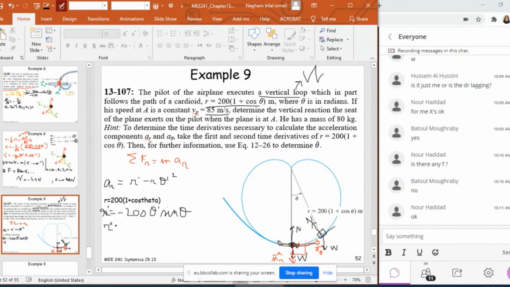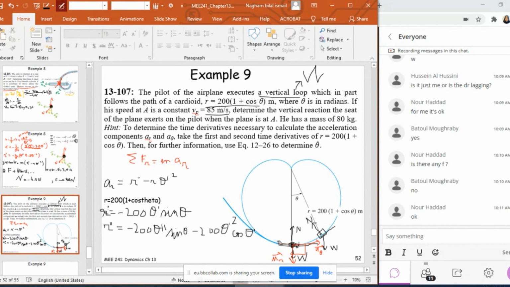And then R double dot will be equal to 200 theta double dot cosine theta minus 200 theta dot squared sine theta minus 200 theta dot squared cosine theta.